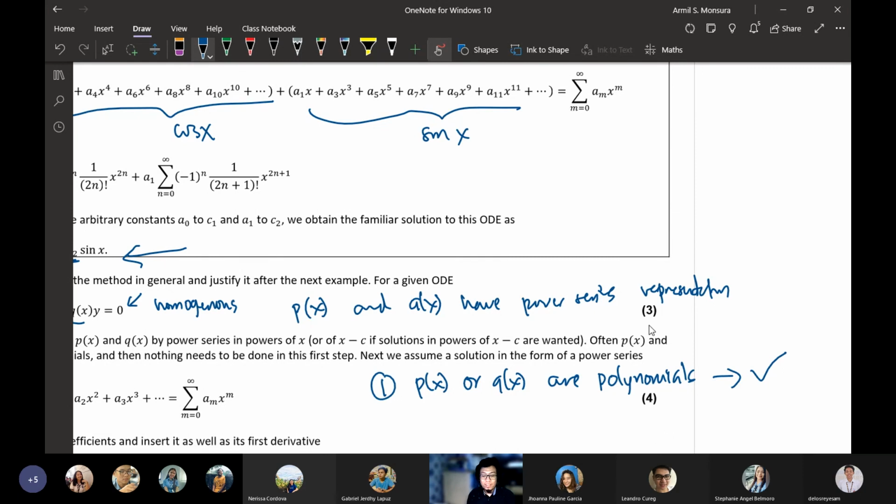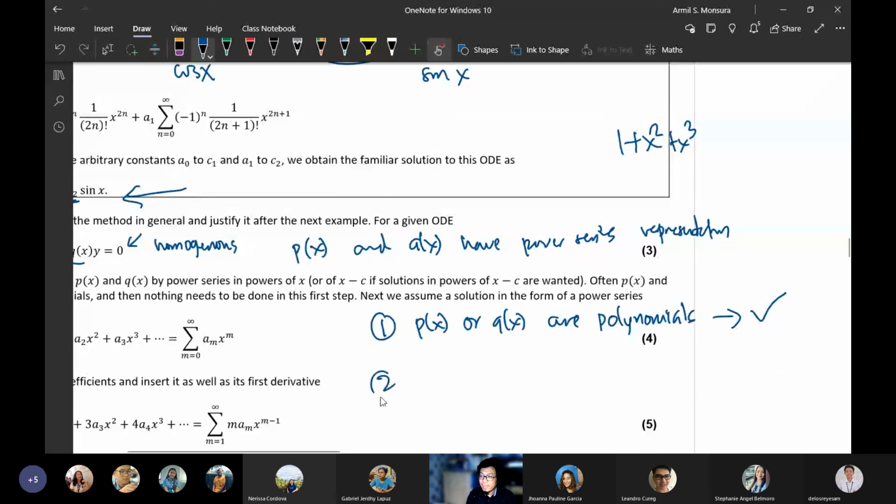A polynomial such as 1 plus x squared plus x cubed is actually a power series. A finite power series lang. But still, this is a power series. So, if they are polynomial, then they are power series. You are good to go.